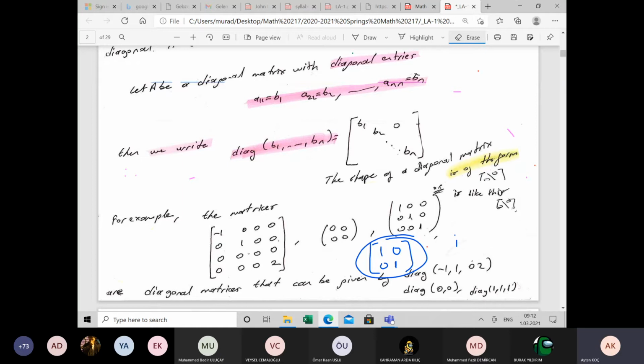And now let's define a new and specific matrix, the scalar matrix. What does it mean, scalar matrix? What is the definition of the scalar matrix? Any idea?